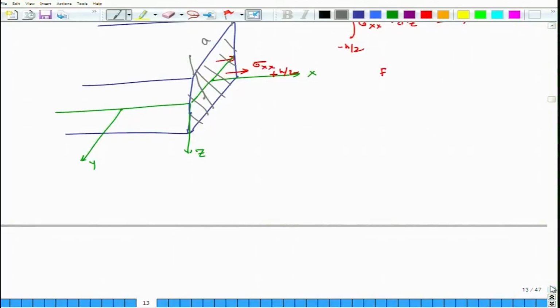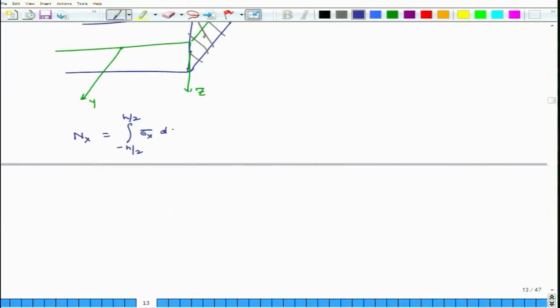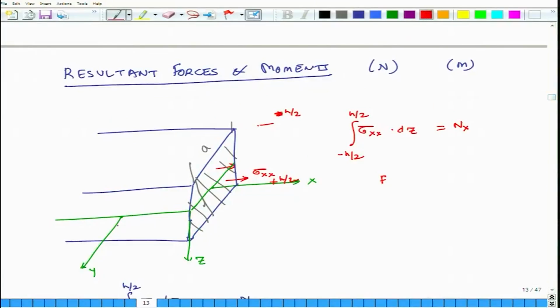Similarly we define other quantities. So, Nx is equal to integral of minus h over 2 to h over 2 sigma x dz. Similarly, Ny, so what is Ny? In this direction, this is sigma y.